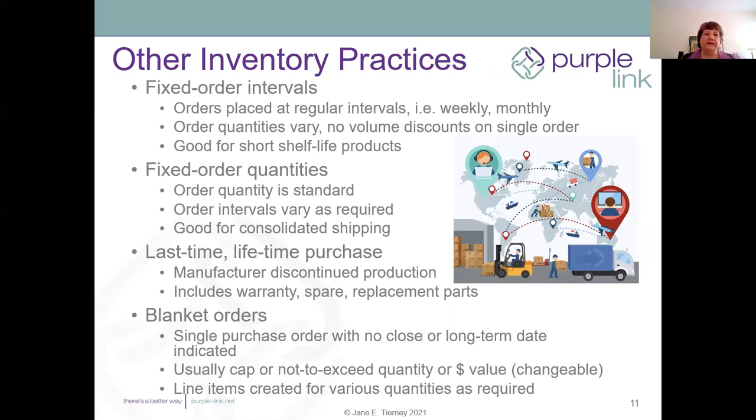A fixed order quantity says we're going to order the same amount every time. So we don't know exactly when we're going to order it, but we're going to order that same amount. The example I use for that is like a gasoline station. So they have these big tanks and they need these big trucks to come out and fill those tanks. So when they order it, they always get a tank load. They don't order just a half a tank or a quarter of a tank to top it off like we might do with our gasoline.